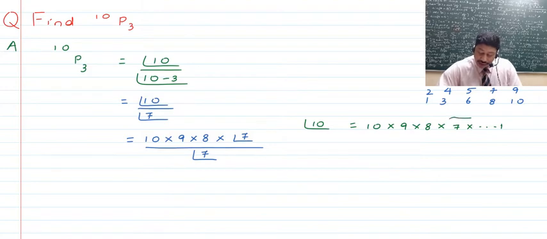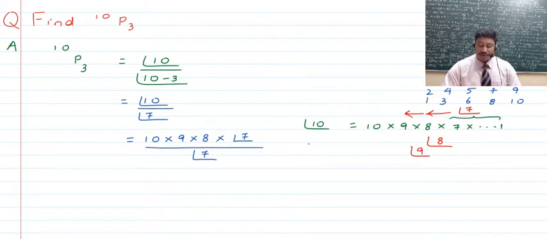So these numbers from 7 down to 1 are actually your factorial 7. If further multiplied with 8, that will give you factorial 8. And then if it is also multiplied with 9, it will become equal to factorial 9, and so on it will continue. That is the reason why, as we have the factorial of 10, we can write it as 10 into 9 into 8 into factorial 7.